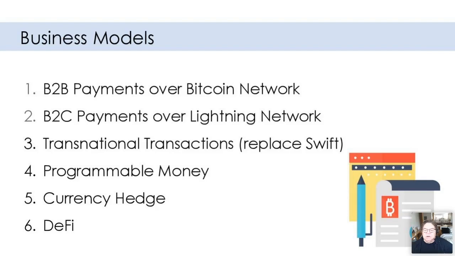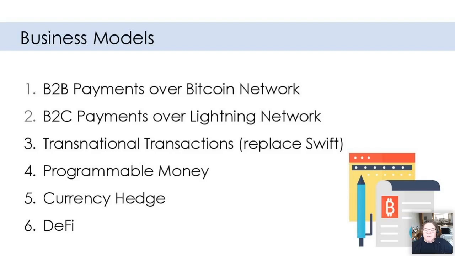As a currency hedge, as governments around the world have poured fiat currencies into their economies to keep them afloat, there's been a lot of talk and interest in using Bitcoin as a hedge against possible future inflation.